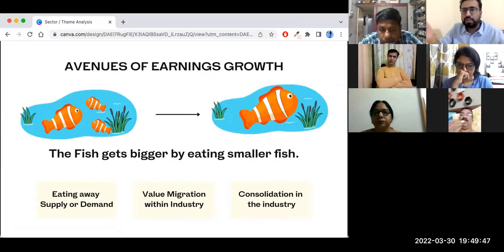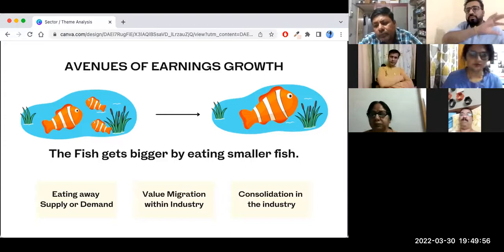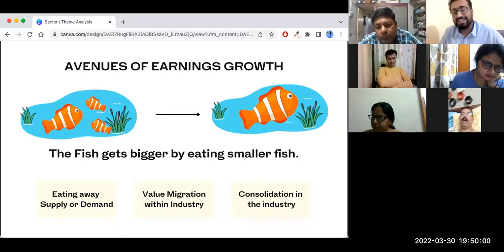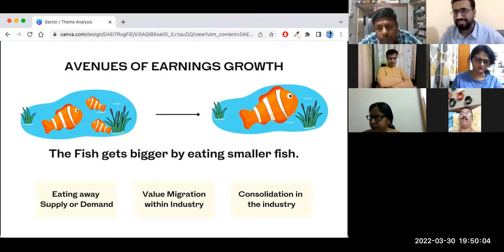Now, before moving to the third step, I just want to mention that in real life, there can be a combination of the first way of growth and the second way of growth, which means the sector is also expanding. Let us say the sector is expanding at 10%.